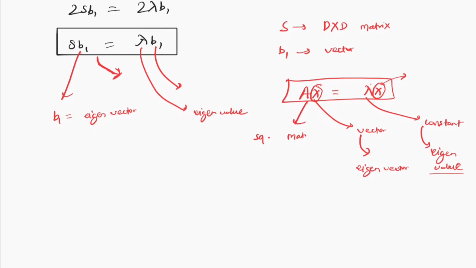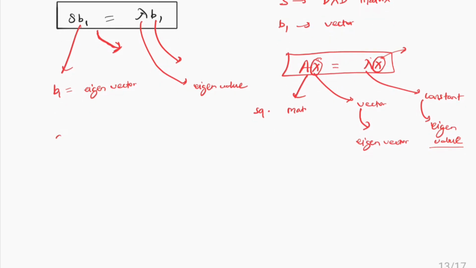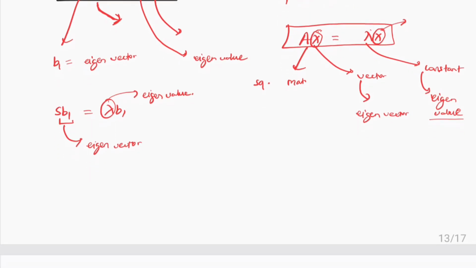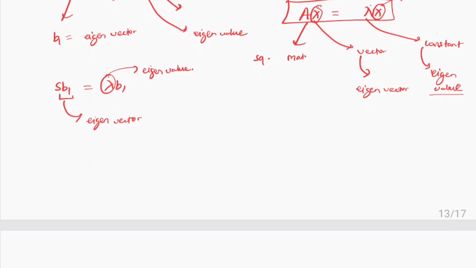So we have reached our conclusion that Sb1 is equal to lambda b1. This means that b1 is the eigenvector and lambda is the eigenvalue. Now let us move to what we wanted to maximize.